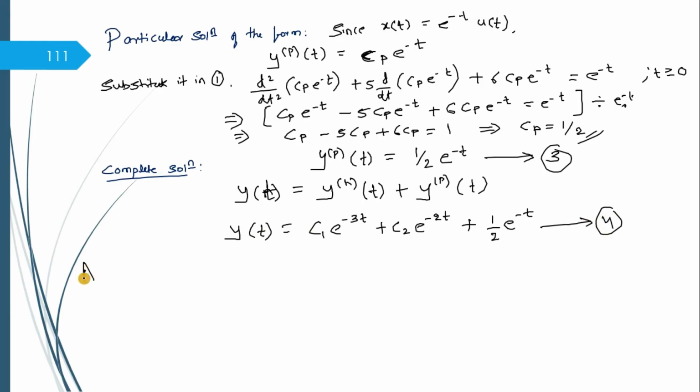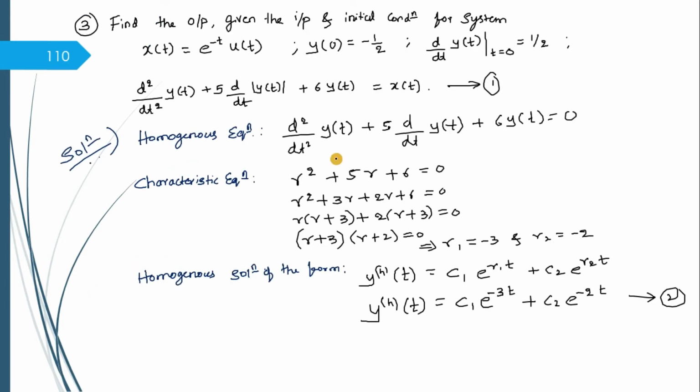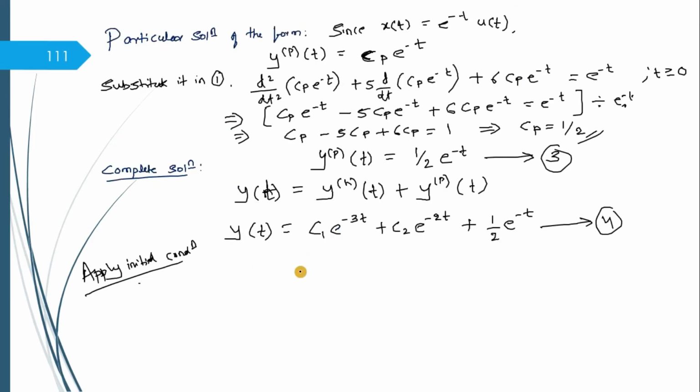Now apply the initial conditions. The initial condition given is y of 0 is equal to minus 1. Put y of 0 here. Y of 0 is equal to c1 e raised to minus 3t, replacing t with 0.